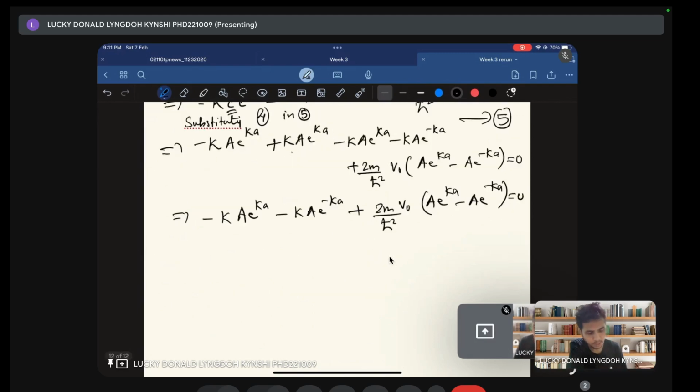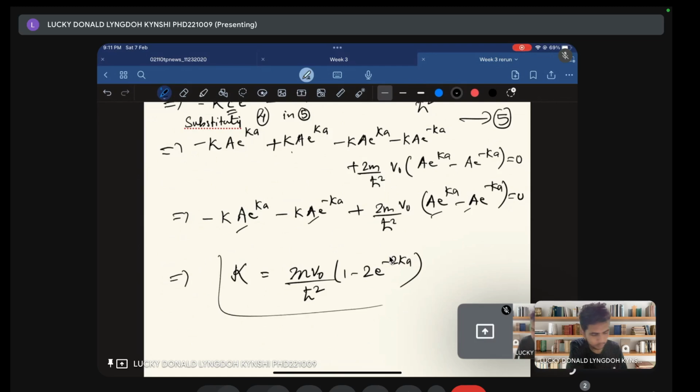Now every term has A, so you can remove A, and you will easily get the constant k equal to m v naught by h cross square, 1 minus 2 e to the minus 2ka. This is your final solution.